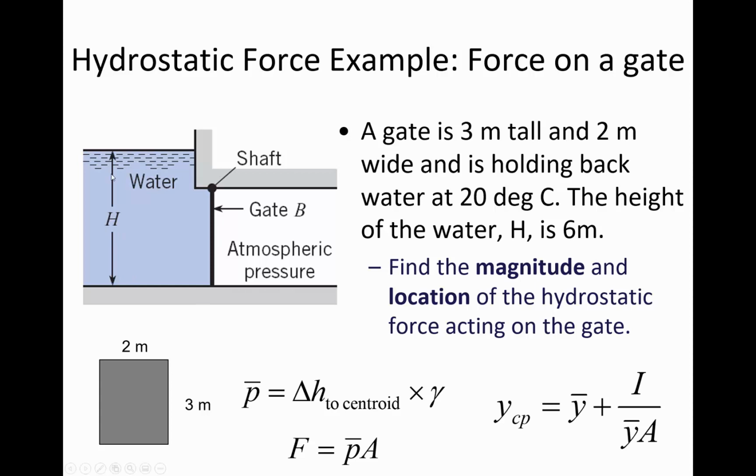I guess maybe H isn't drawn to scale, so maybe we'll just have to rely on the dimensions and not our perception of those distances. Okay, the problem is asking to find the magnitude and the location of the hydrostatic force acting on the gate. So the process here is identify the location of the centroid.